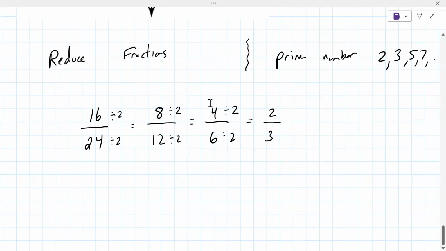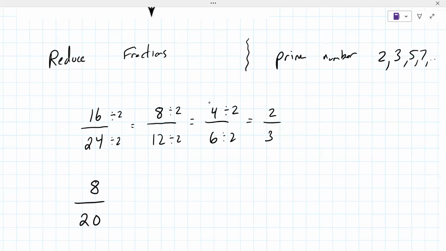Okay. So I want you to try reducing this fraction here. I want you to reduce this fraction as much as you can. Would it be 4/12?